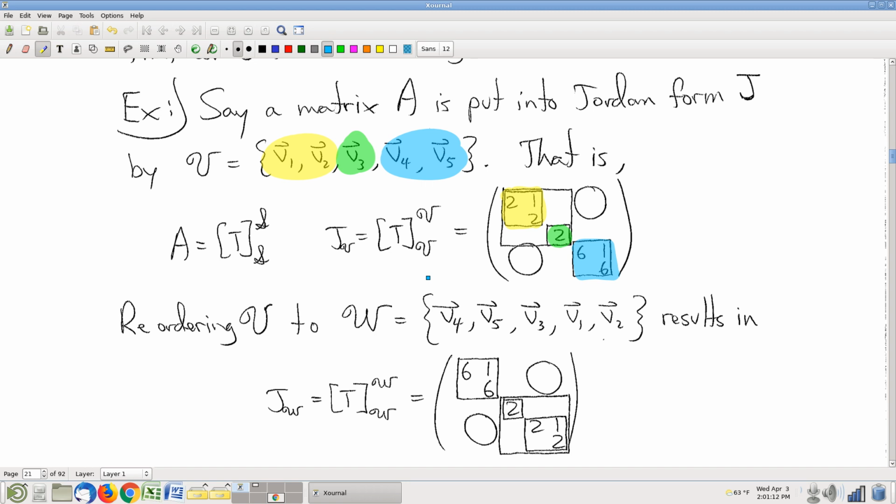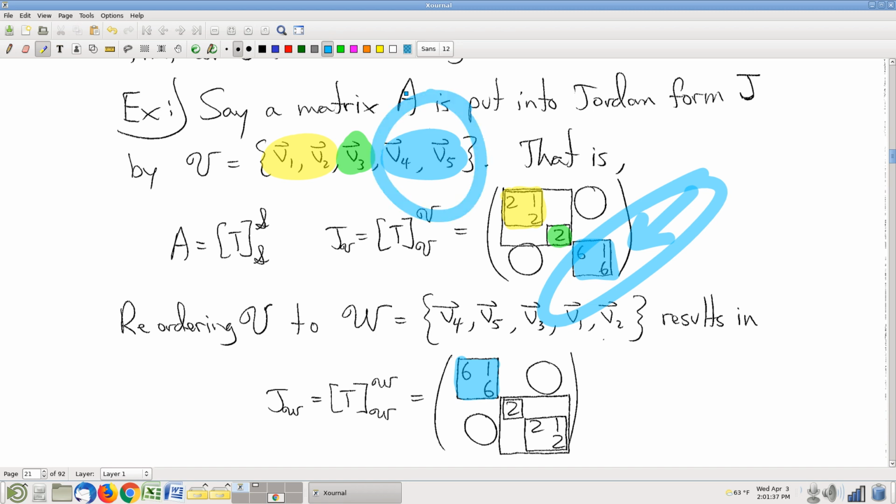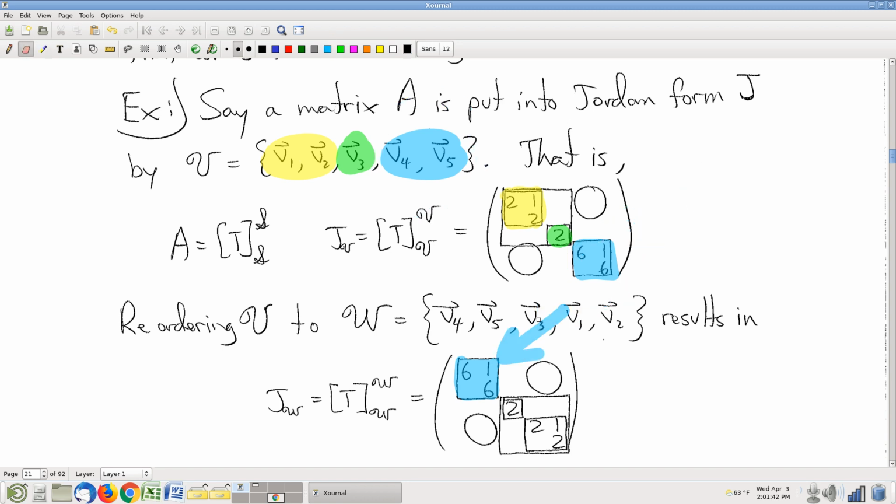Okay, so if you want to rearrange the blocks a certain way, just rearrange the basis vectors exactly the way the coloring would suggest. So notice here I'm putting what was the last block over here first. So what had been in the last two positions of the diagonal, because the basis vectors were the last two vectors in the list, if I want it first, just put those basis vectors first.